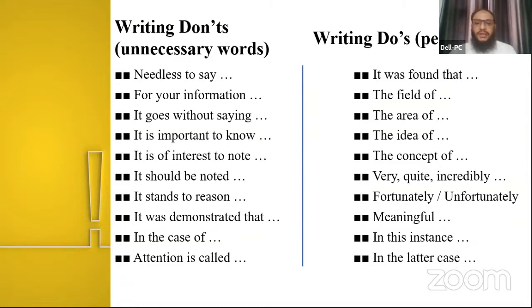So these are some examples which I am showing on the screen, so you can understand what I exactly want to say. These are some unnecessary words which we have to ignore, and we should use the permitted words which the scientific community most often uses in its proposals.